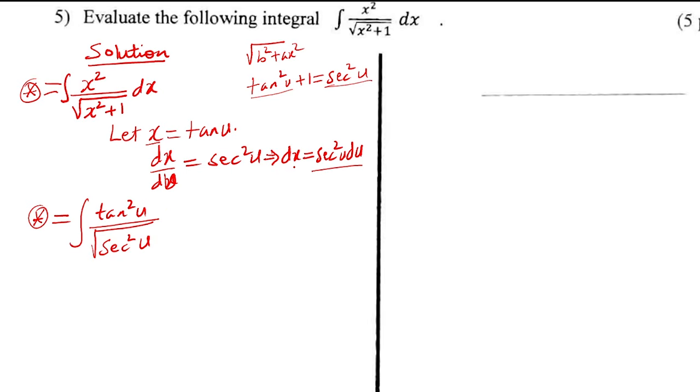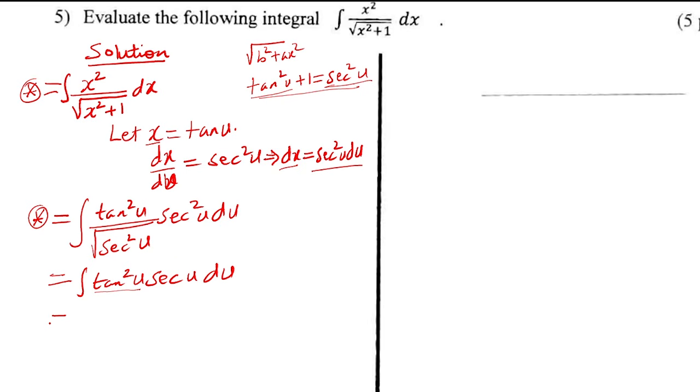And dx, what's dx? Sec square u du. Then the radical of sec square u, that's sec. Cancel one sec, the integral becomes the integral of tan square u sec u du. But we know tan square u, from this, is sec square u minus 1.